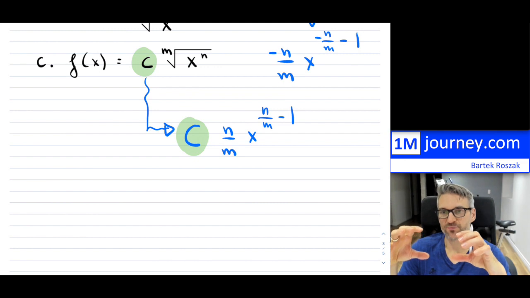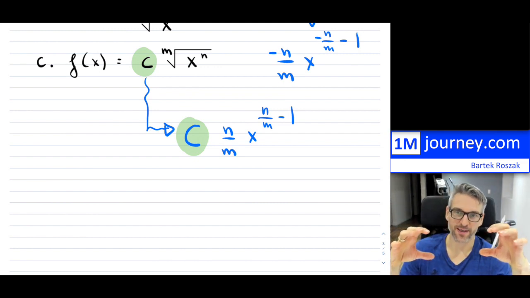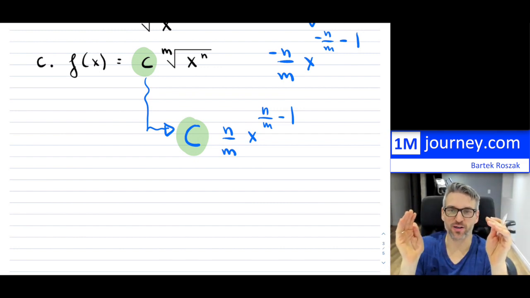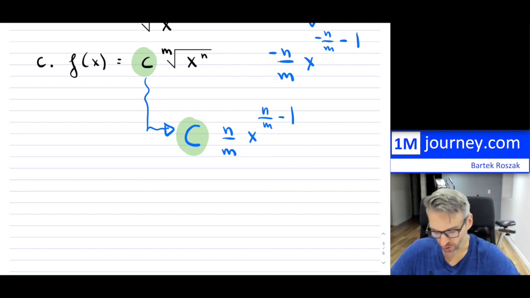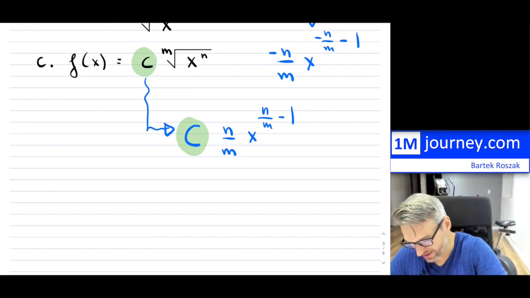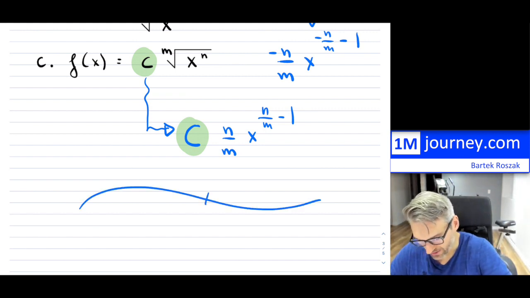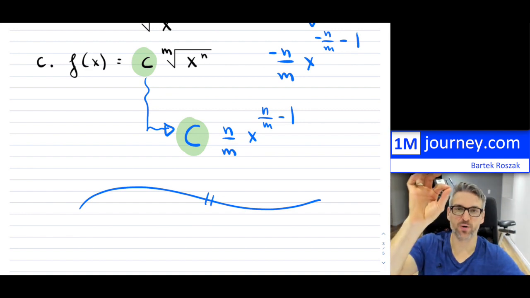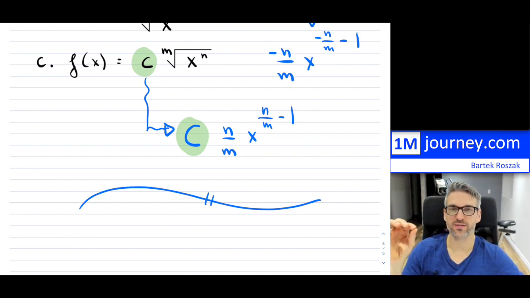So this is actually multiplying an actual power function that we have. So if I took all of these and summarized it, the summary is you take your exponent, you bring it to the front, and then you subtract 1 from the exponent to get whatever your derivative will be.